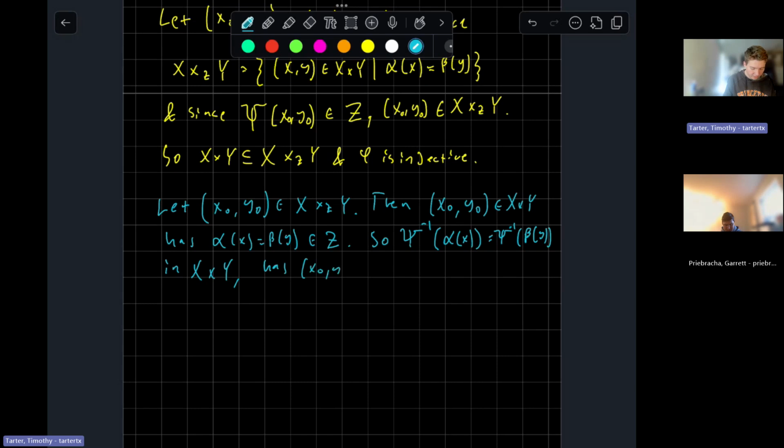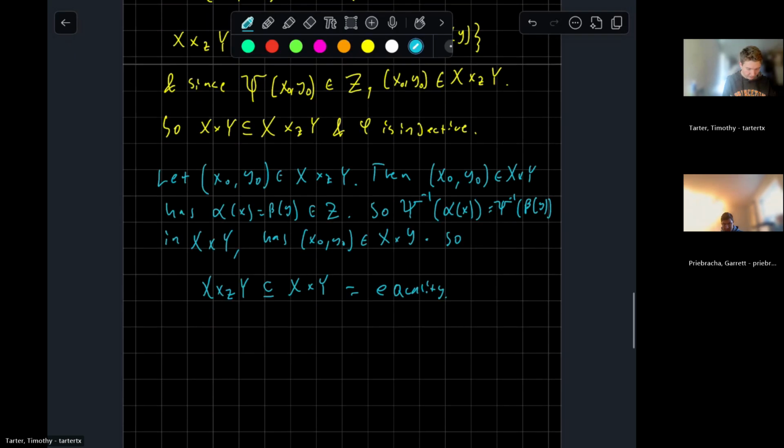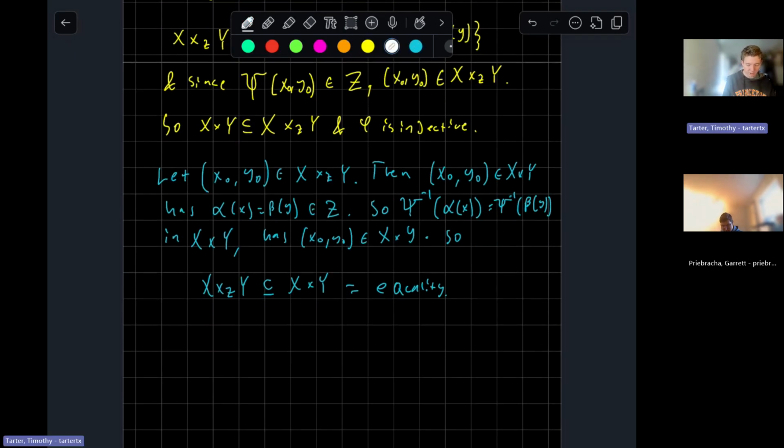It has X naught comma Y naught and X comma Y. And so now the fiber product is contained in the product, which implies set equality. And that's exactly what we wanted to show.